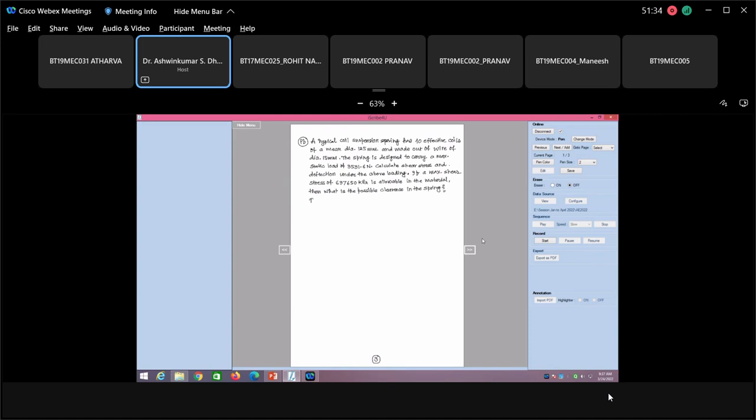Take the modulus of rigidity G as 73575 into 10 raised to power 3 kilopascal.